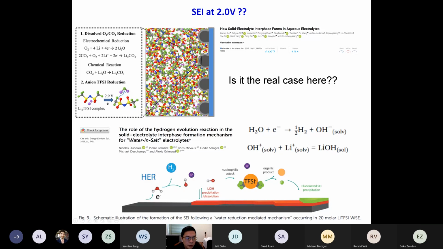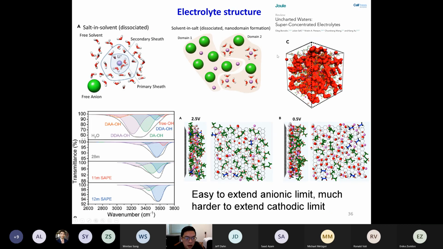In his theory, the oxygen and carbon dioxide come from the gas dissolved into the electrolyte, and the lithium fluoride comes from the decomposition of this lithium-2-triflate complex, which is the ion pair we talked about in domain 1, right?